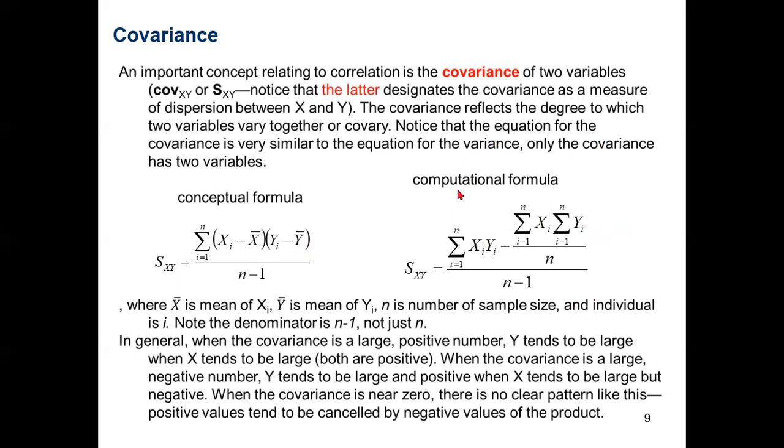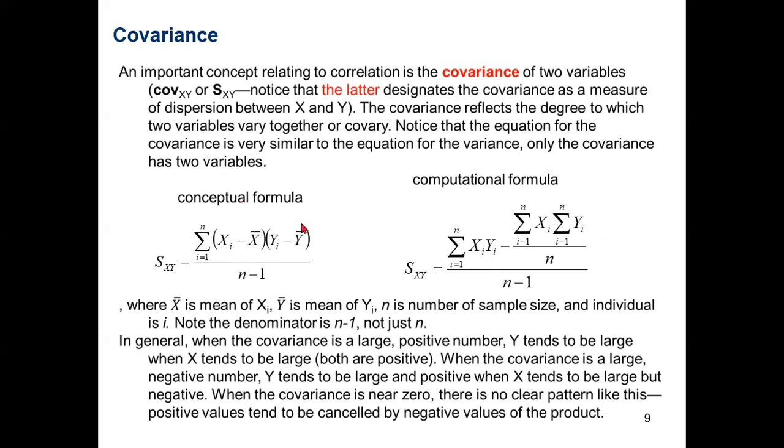But this computational formula is applied in statistics programs, like syntax-based programs, or whenever you use Excel, because it makes things easier for the machine. The result is the same, regardless of whatever you use.